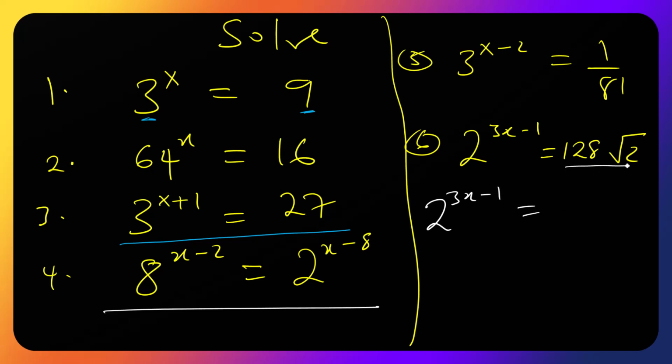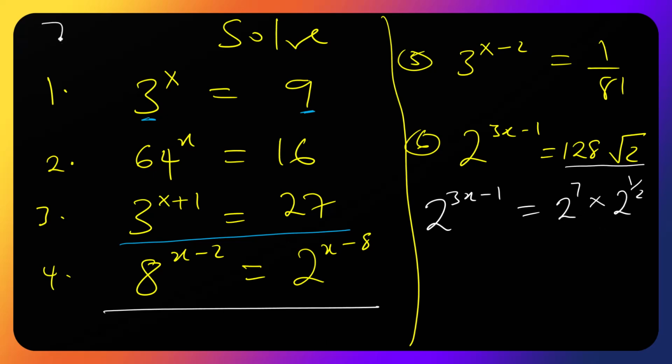Remember this one is a product. So we can say 128, since this side is 2, 128 will be 2 to the power of 7, times, now square root of 2 will be 2 to the power of half. Now let's perform laws of indices. Remember, when the bases are the same and we are multiplying, we add the powers.